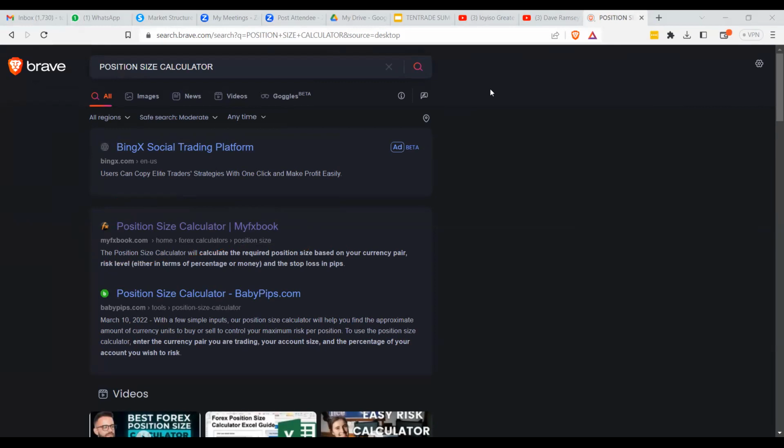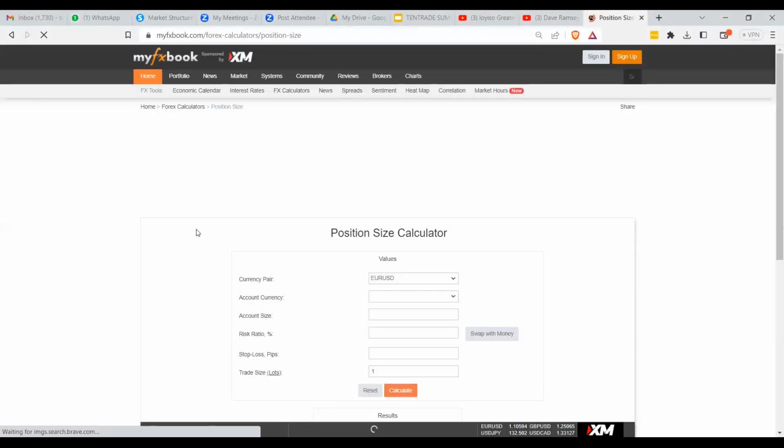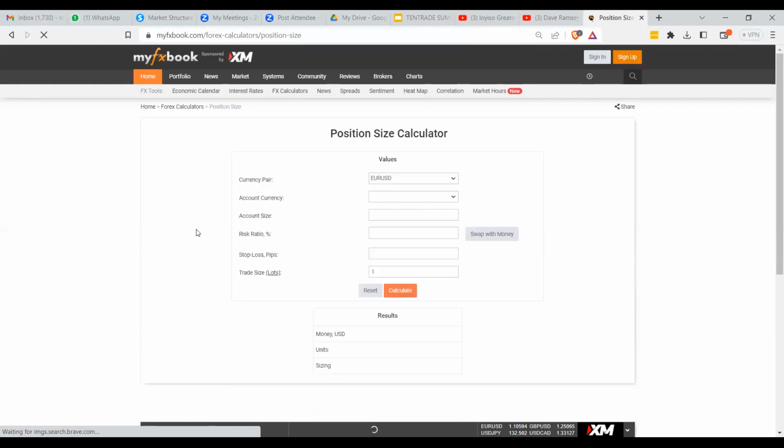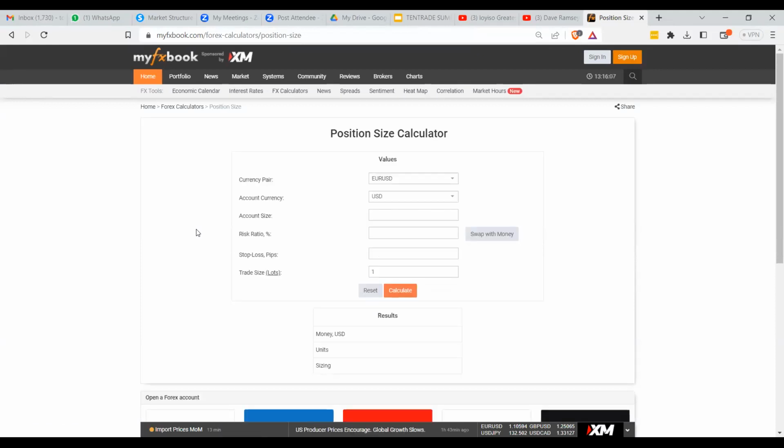So once you are here, you click on it, then you'll be taken to a page where you'll be asked some questions, and those questions would help you determine the right lot size that you should be using per time. First one is the currency pair.